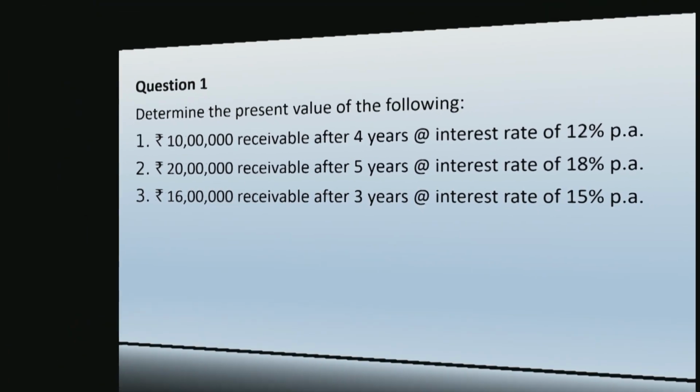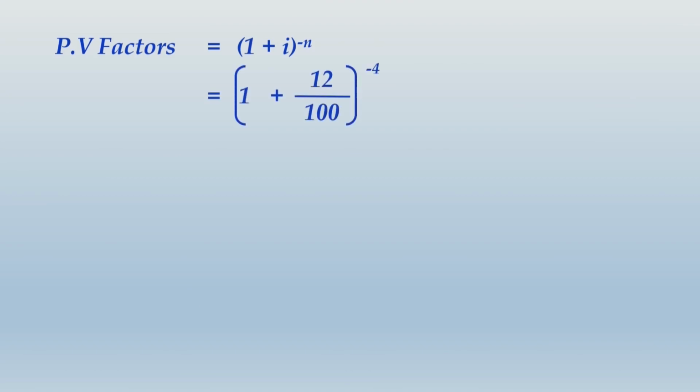So how to express this as an answer to be presented as a proper solution? Just let us try to look at it. PV factors are always computed by taking 1 plus I raised to minus n. So in this case it will be 1 plus 12 by 100 raised to minus 4, because 12% is basically 12 by 100, so it will be 0.12.